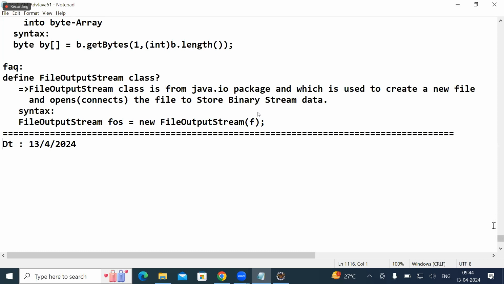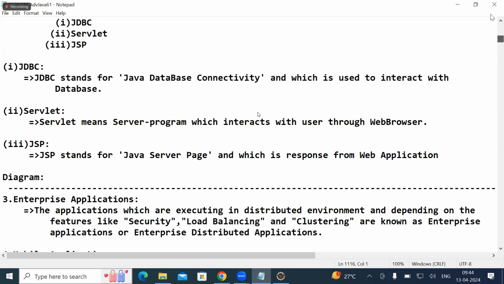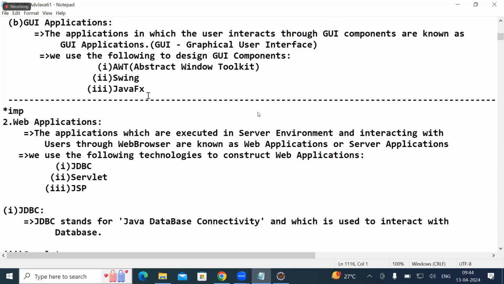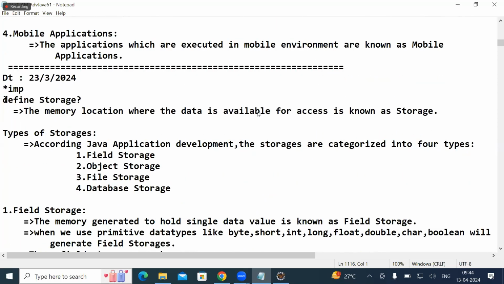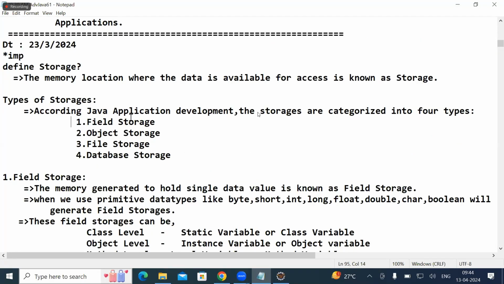For today's class, when I'm introducing the database, I'll start with the storage concept. Field storage will be there. Object storage will be there. File storage will be there.